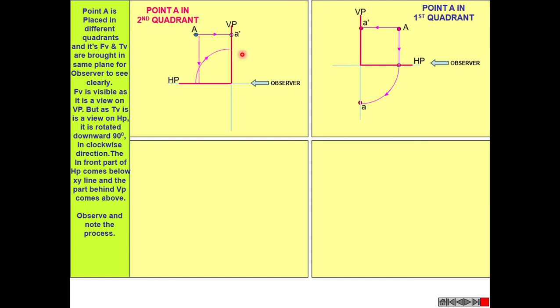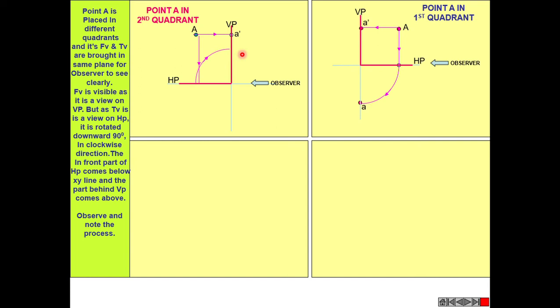Now in case of this point, it is easy to differentiate the front view and top view. But if the object is a complicated one, or the object is an assembly or a bigger one, then it's difficult to read the two figures which are colliding or impinging on each other.